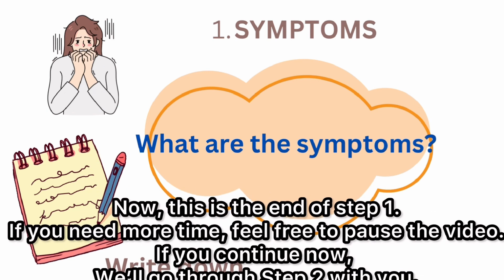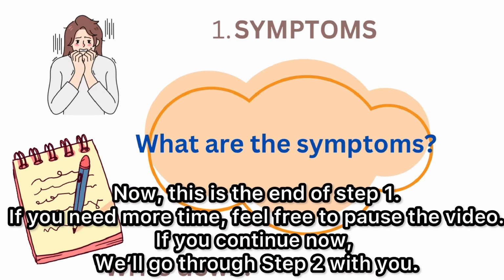Now, this is the end of step 1. If you need more time, feel free to pause the video. If you continue now, we'll go through step 2 with you.